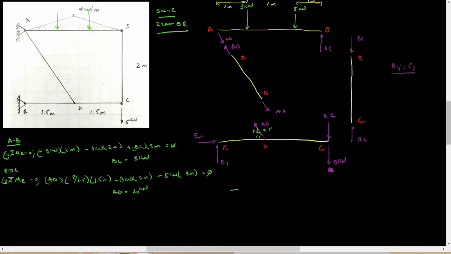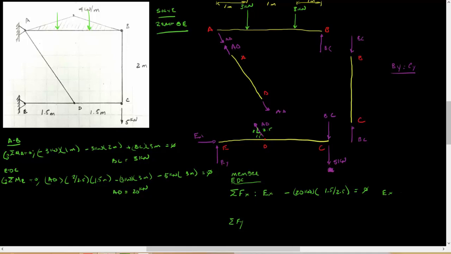So now I can sum my forces in the X, still looking at EDC, remember EDC, and I can sum my forces in the Y to get my two reaction forces. So if I sum my forces in the X, I get EX, I'm showing it as positive. AD came out to be positive, so its direction is correct, so I could say minus 20 kilonewtons times 1.5 over 2.5, breaking it into its component, is equal to 0.